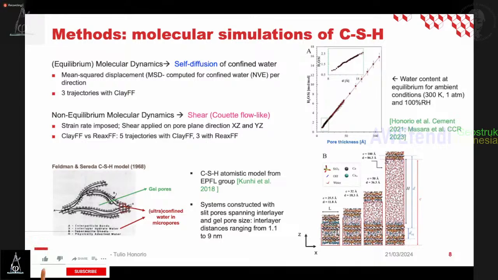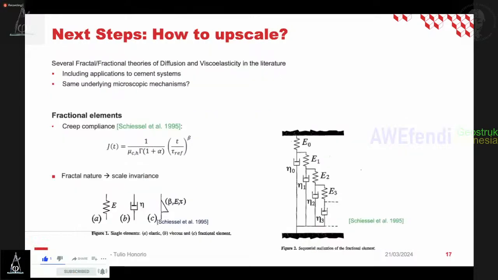So this is an idea. We can generalize Fick's law, and in the generalized Fick's law we have derivatives that are fractional. So it's very convenient to work in this world of fractional theories, because they can treat the generalized Fick diffusion, and also people have been working on that for decades now to treat creep.